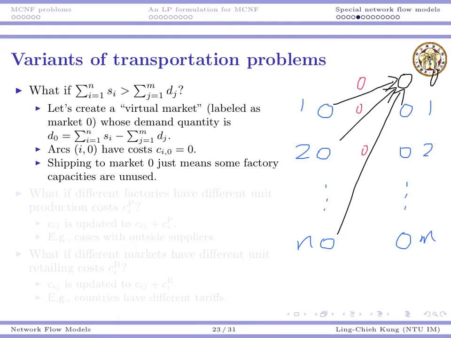We are going to send some products through this zero-cost link if those products are not really produced. For node 1, I have a certain capacity. If some products are produced and sent to those physical markets, then there are some positive flows.